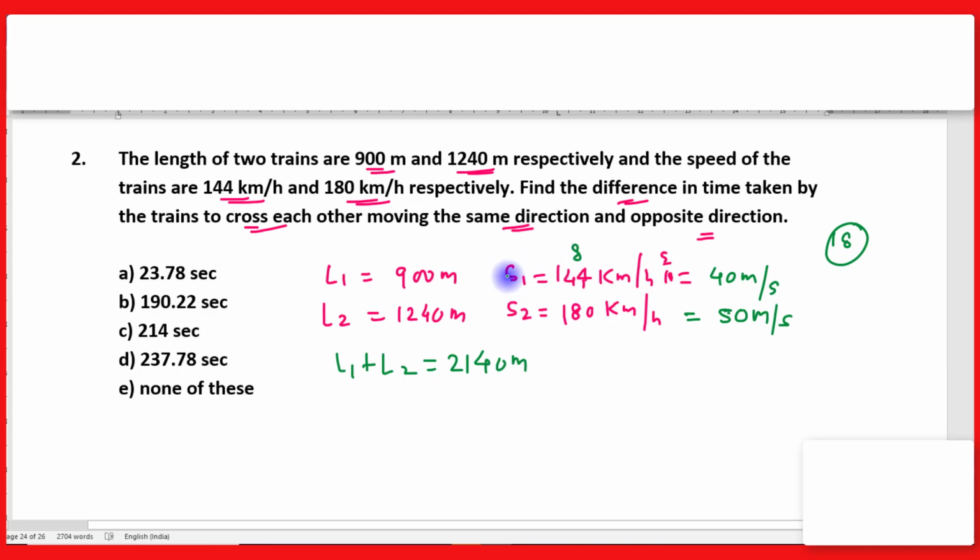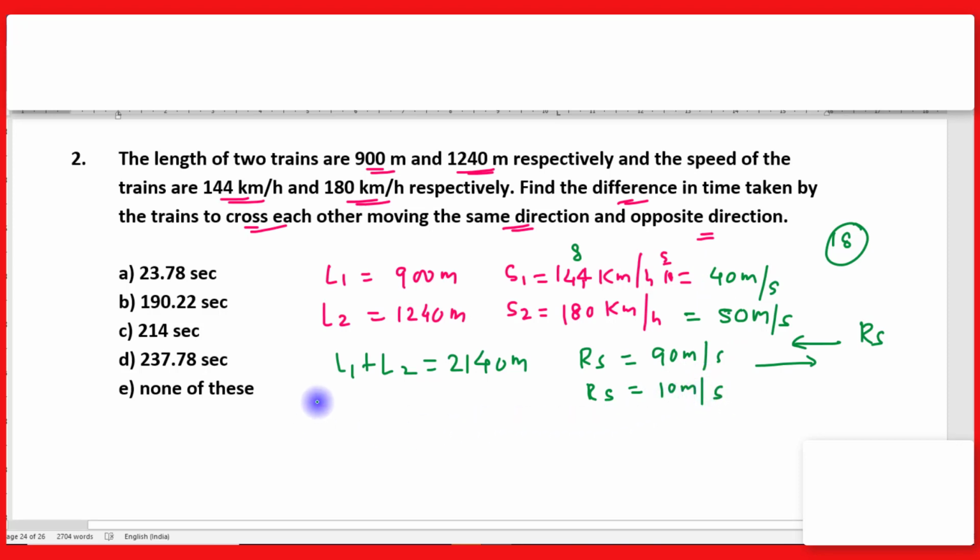So this is the total length the trains have to cover. And when the two trains move in the opposite direction, the speed gets added. The total speed is called the relative speed, so in the first case the relative speed will be 50 plus 40, that is 90 meter per second. And when both move in the same direction, the relative speed will be 50 minus 40, that is 10 meter per second.